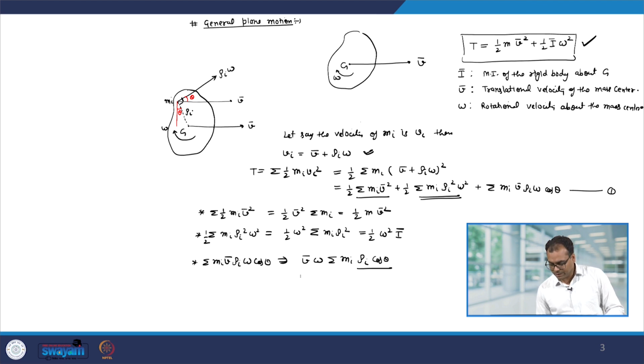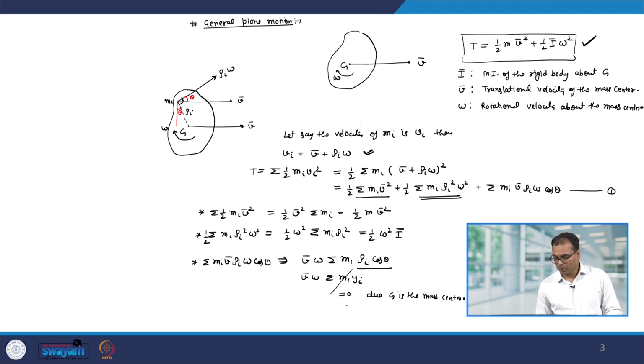So, let me call it yi. Now, this yi is measured from G, which is the mass center, and because of the definition of the mass center, summation mi xi or summation mi yi will be 0. Why? Because G is the mass center.